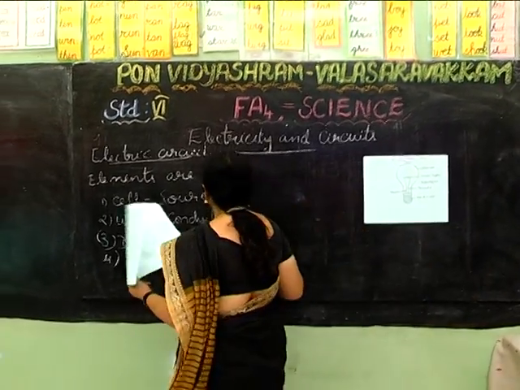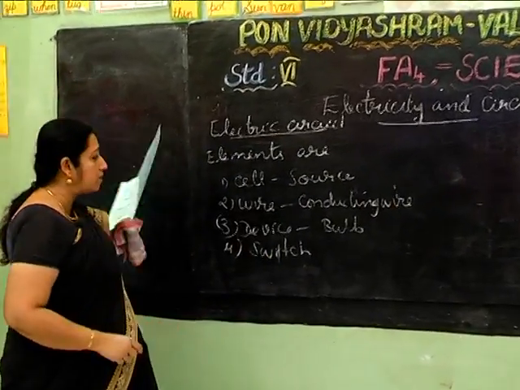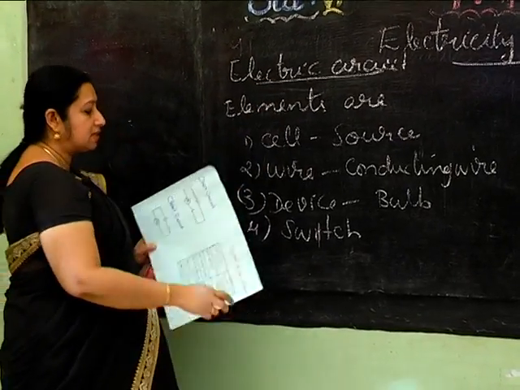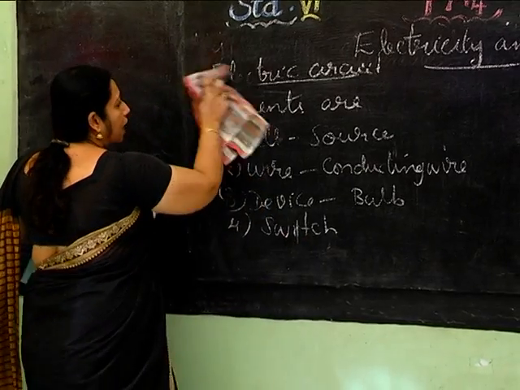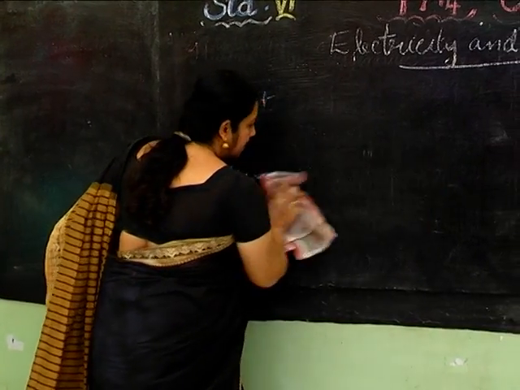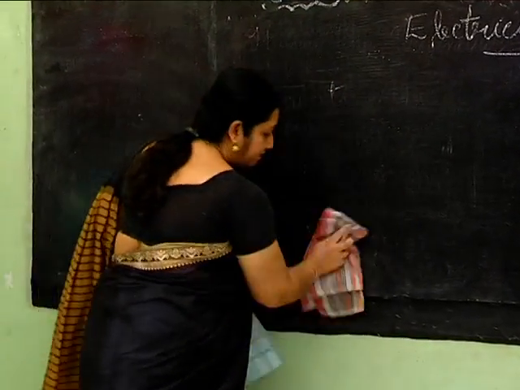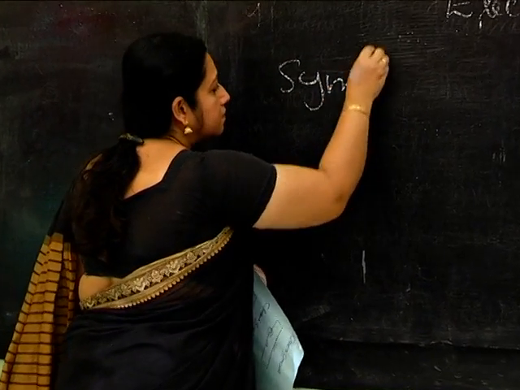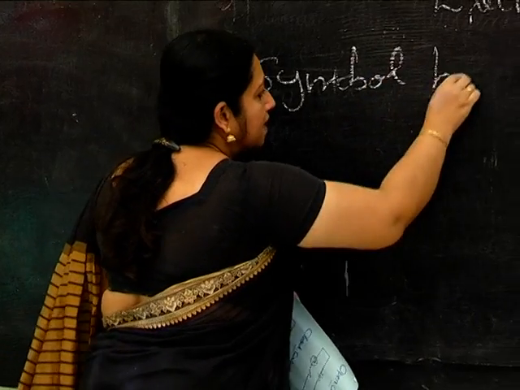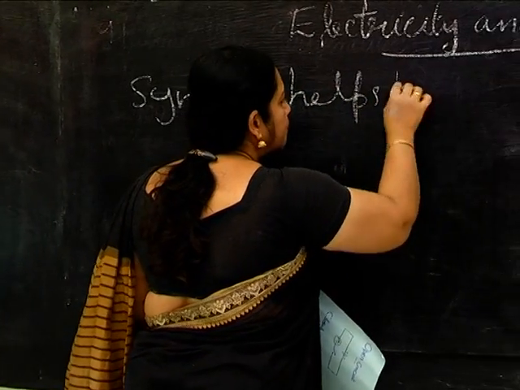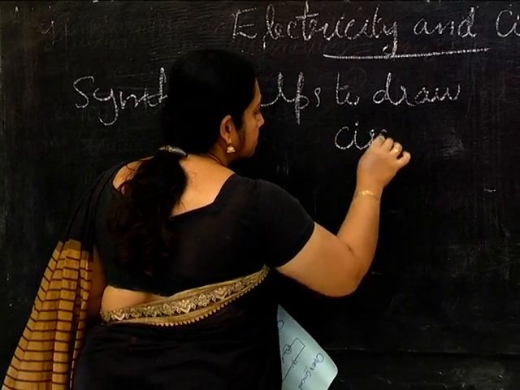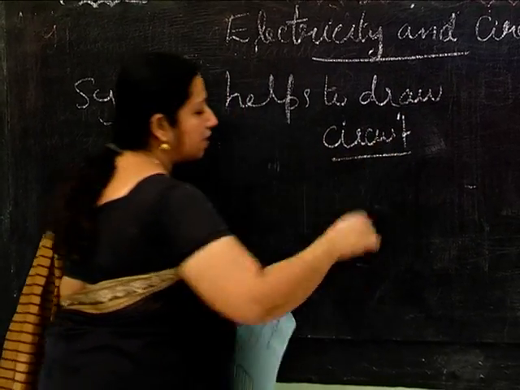Next, every time we cannot draw a diagram with the help of these things. For that, we have to adopt an easy method, that is with symbols. Symbols help us to draw the circuit diagram.